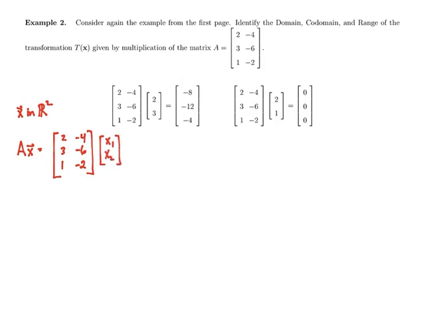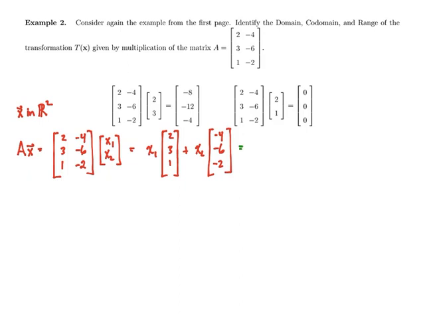And what that means is that this is going to be a linear combination, x1 times the first column of A, plus x2 times the second column of A. And this is our output. It's all outputs of this form, all linear combinations of those two.